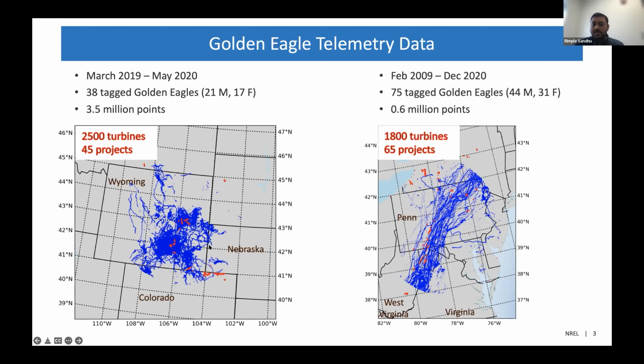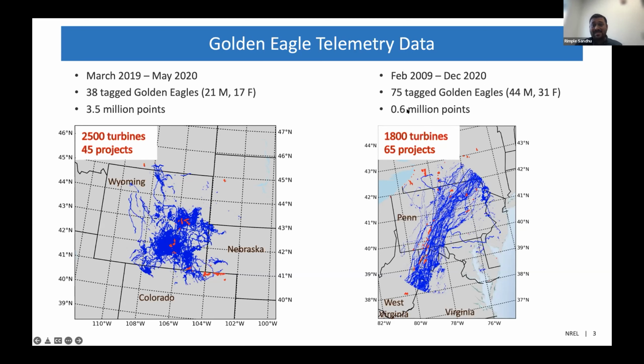So we need to use this data to understand how the golden eagles behave, how they move, and whether we can use that information in a parametric fashion to create a predictive model. Now, I should note that the data on the right is from 2009 to 2020. The older data set was captured by units that were not sampling at high rates, so probably at 15 minute intervals.